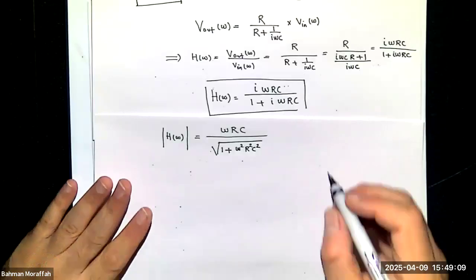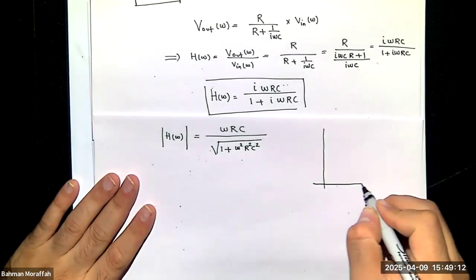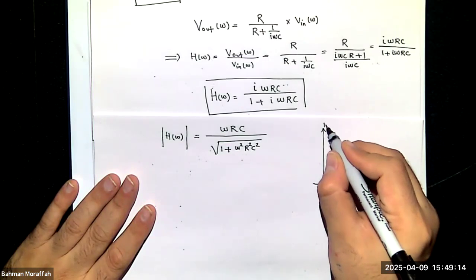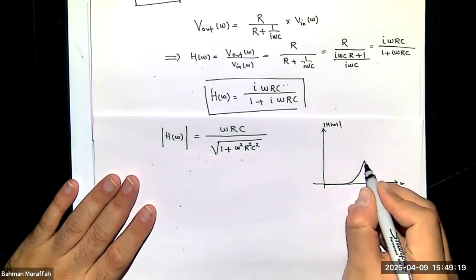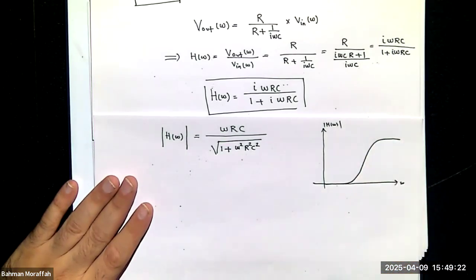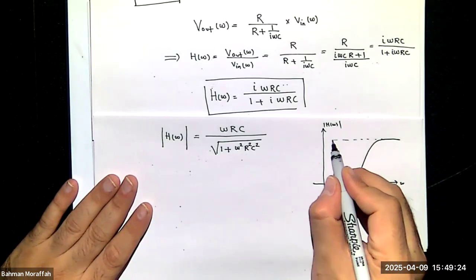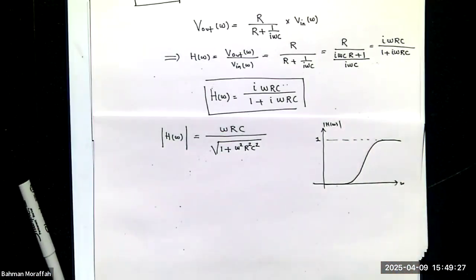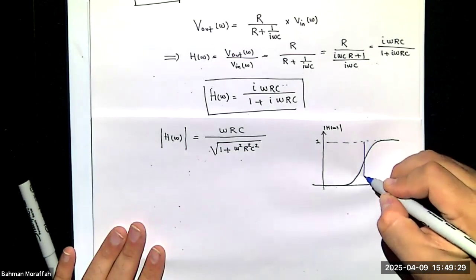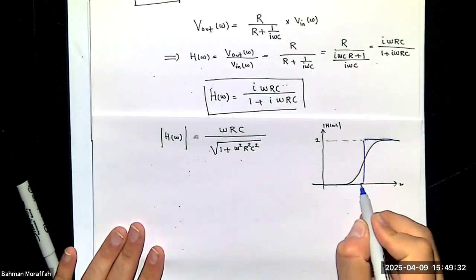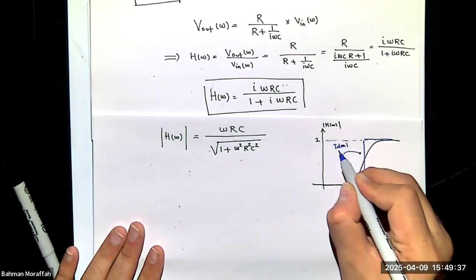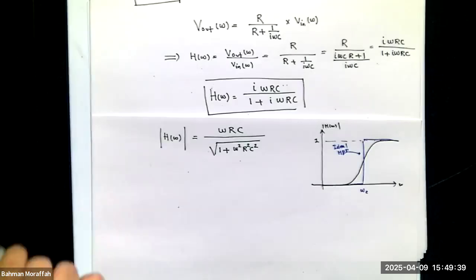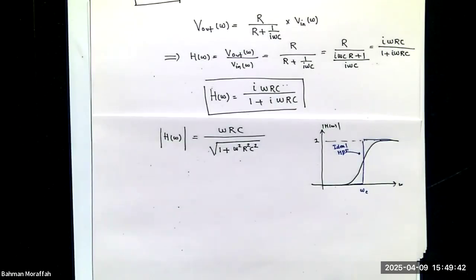If I plot this, it actually looks like this, and this is 1, whereas the ideal high pass filter looks like this. How do I know this looks like this curve?